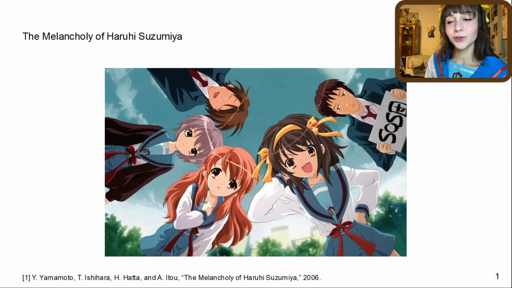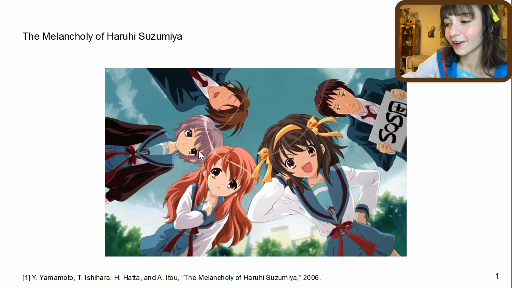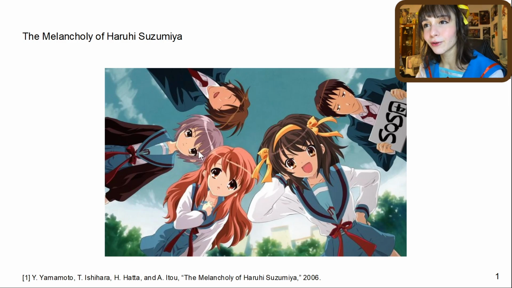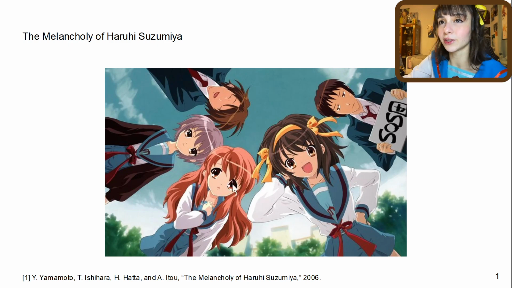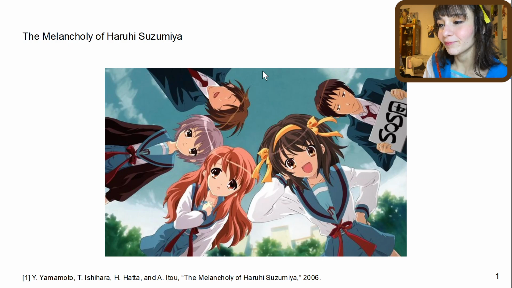Just coincidentally, the other three people who joined the club happen to be an alien, Yuki Nagato right here, Mikuru Asahina, a time traveler, and Itsuki Koizumi, an esper. So these are our title characters. I just wanted to give a brief rundown on the show, but I assume if you're here, you're at least a little bit familiar with it.